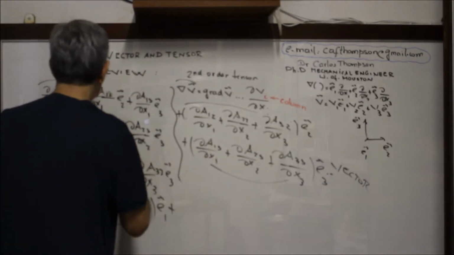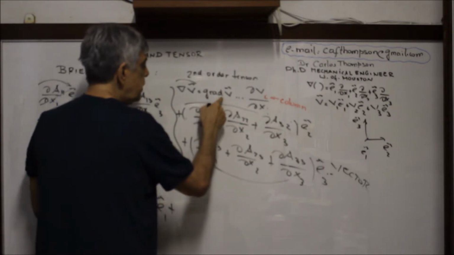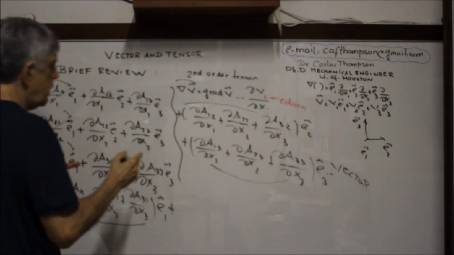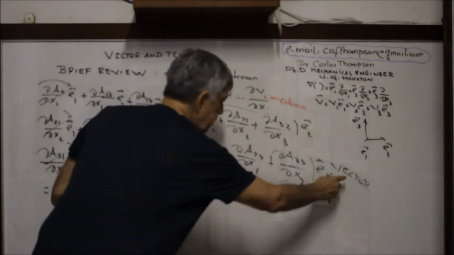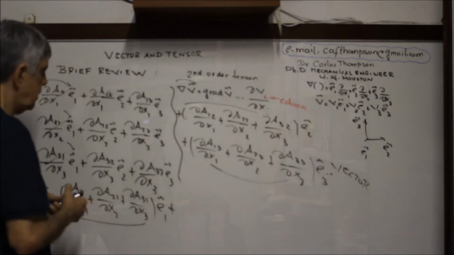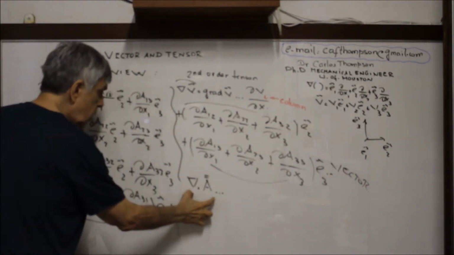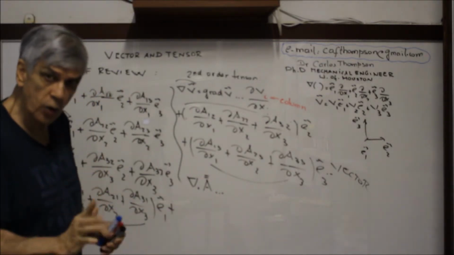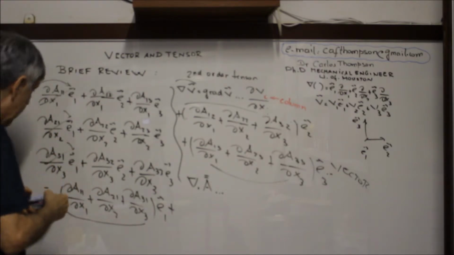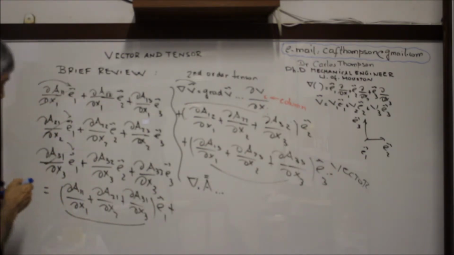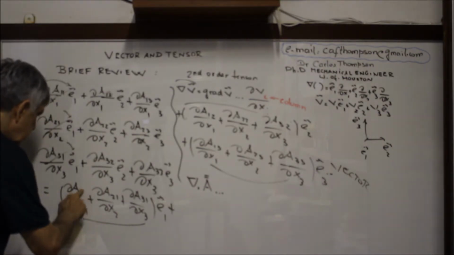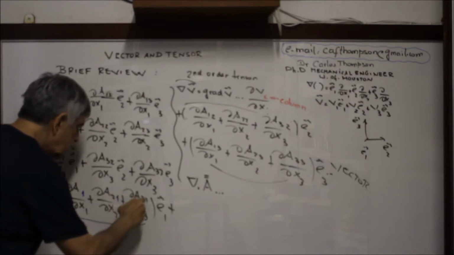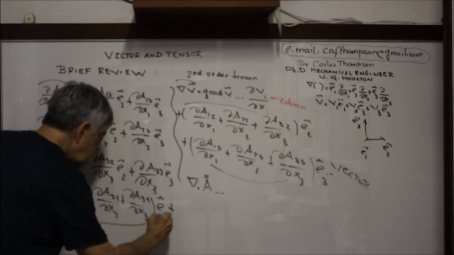Now we are doing divergence. Gradient v is a second order tensor. Divergence of a second order tensor is a vector. We know this. The key is here. Now, by inspection, you see an interesting thing: here is 1, 1, 1, and 1.